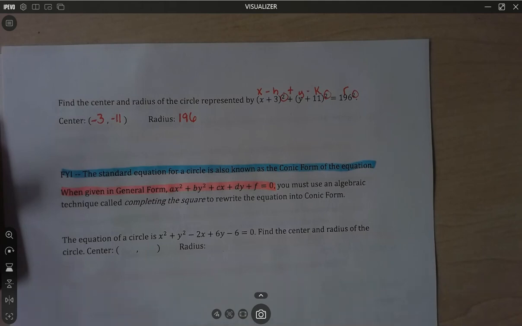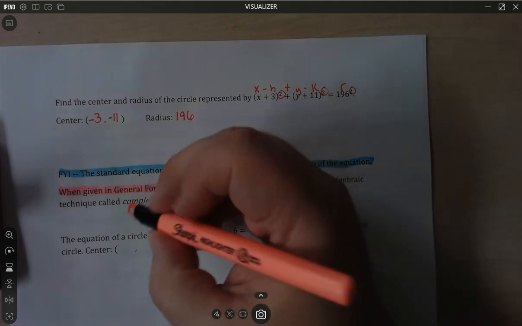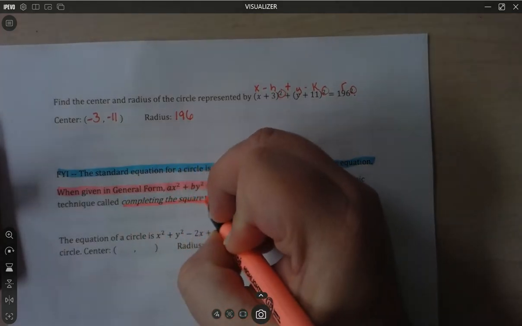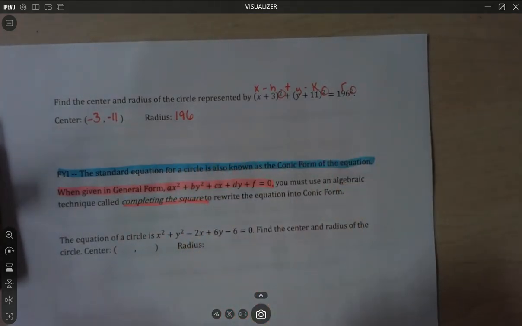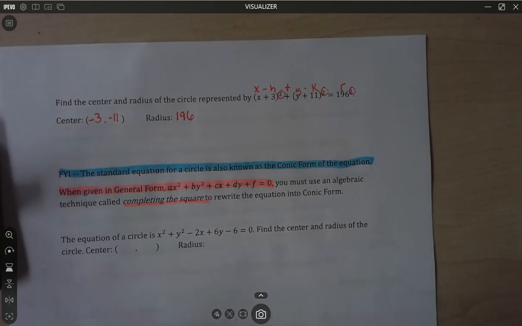Now, if we're in that form, we have to use our algebraic technique called completing the square to rewrite our equation into conic form. Now, that's if we want to be able to quickly and easily identify what our center is and what our radius is without using high-powered technology such as Desmos.